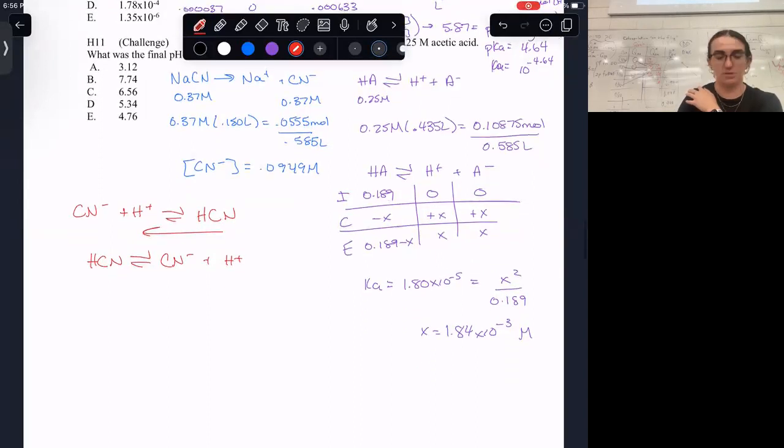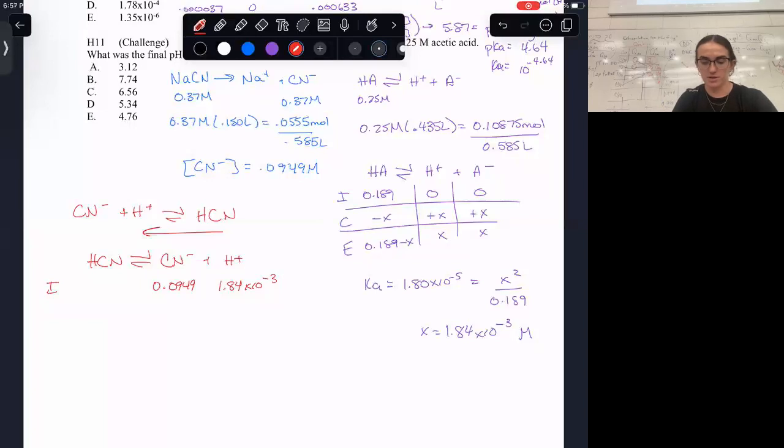Right now, our initial concentrations are 0.0949 and 1.84 times 10 to the negative 3. Which one's our limiting reagent? H plus, right? So all of the H plus would get used to form the HCN.